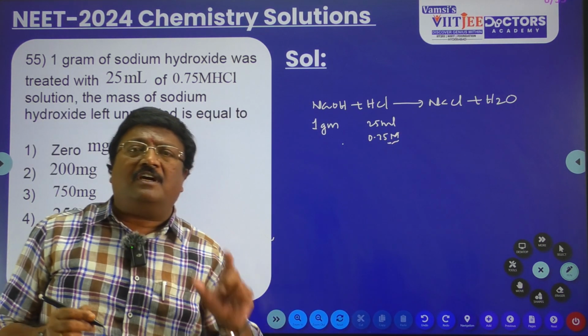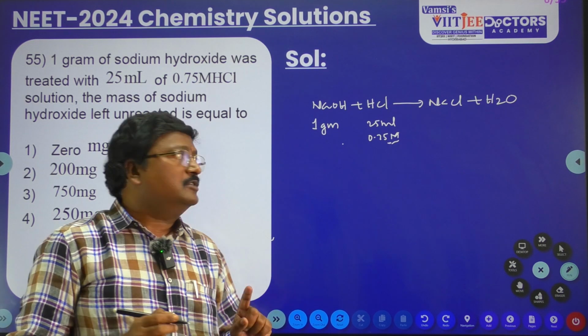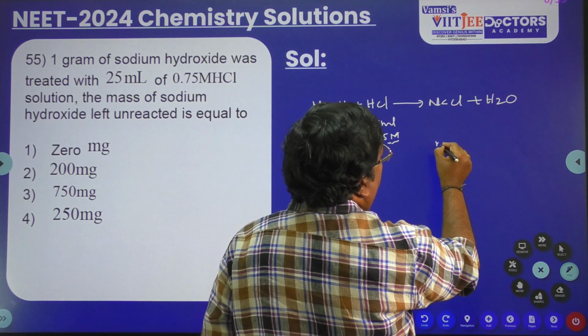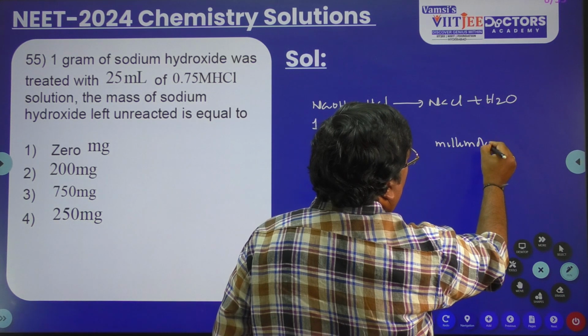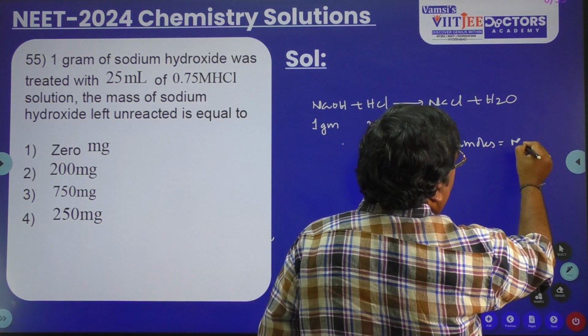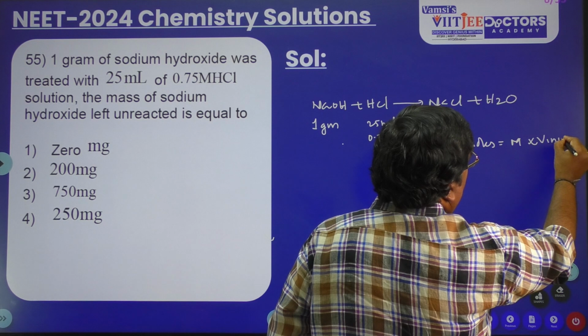Here we have to calculate the millimoles. Millimoles equals molarity into volume in ml.